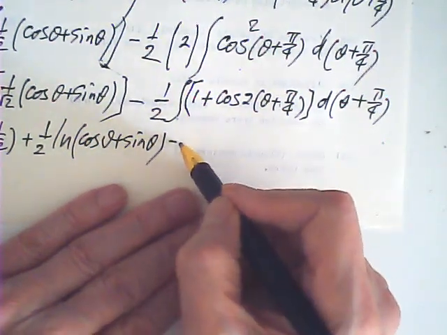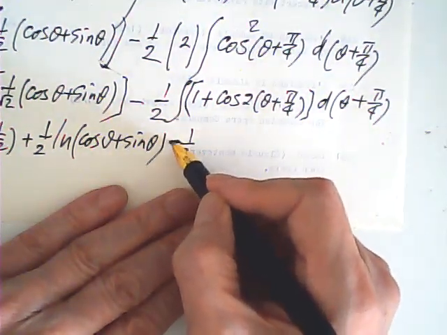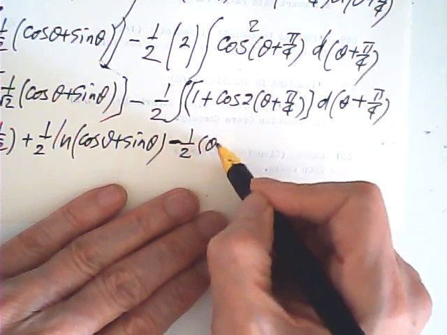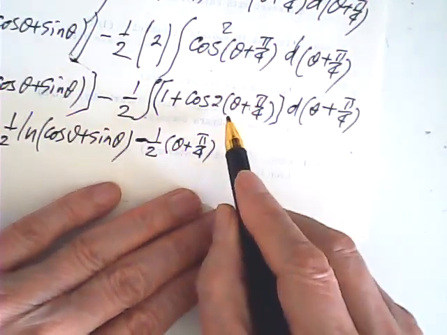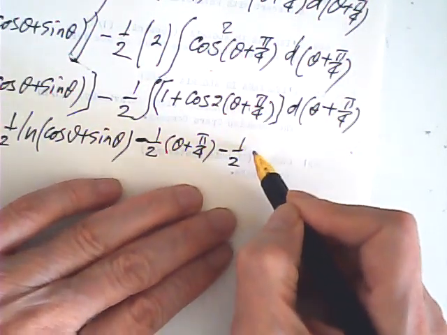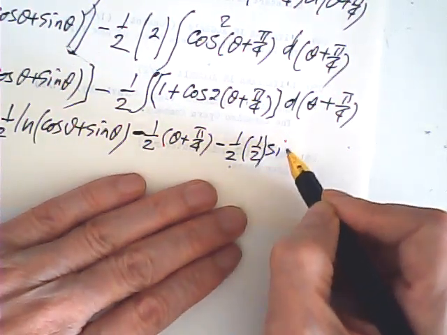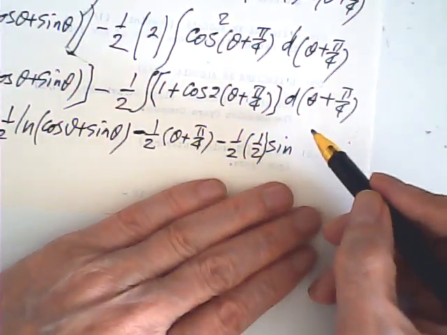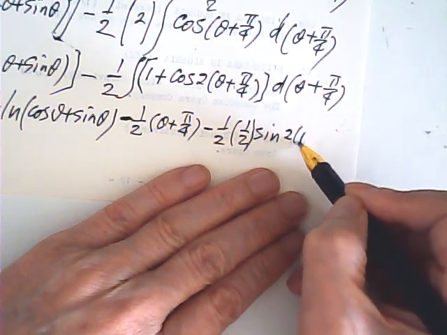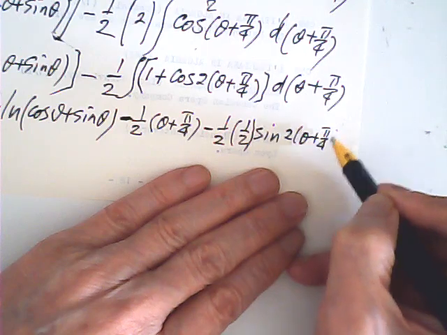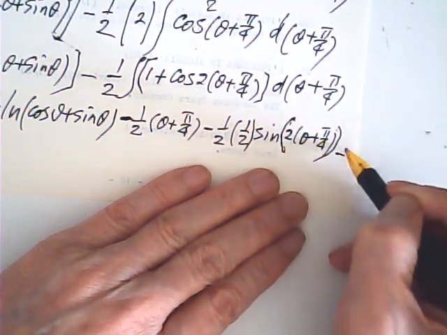The first integral is 1 minus plus quarter pi. The other one is 1/2 sine, right? Sine 2 theta plus quarter pi plus c.